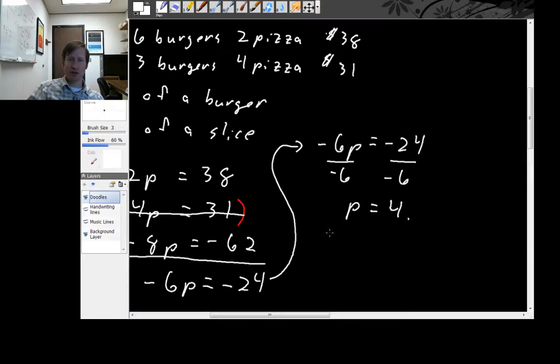One of the original equations was 3B plus 4P equals 31. So we'll put our value for P in there. We get 3B plus 4 times P, which we now know is 4, equals 31.